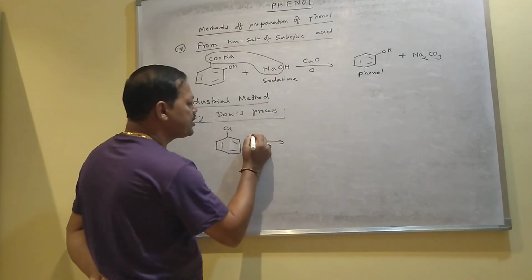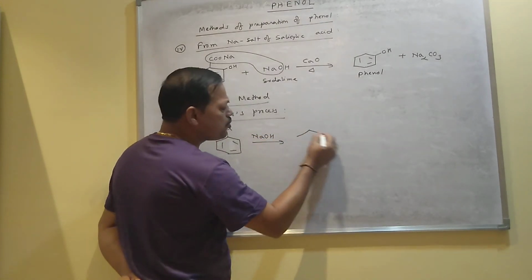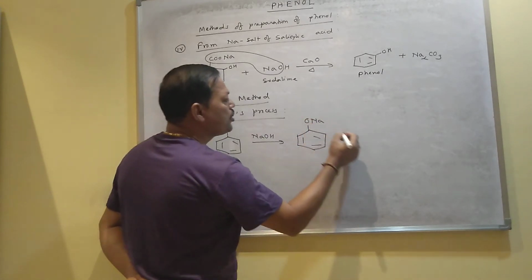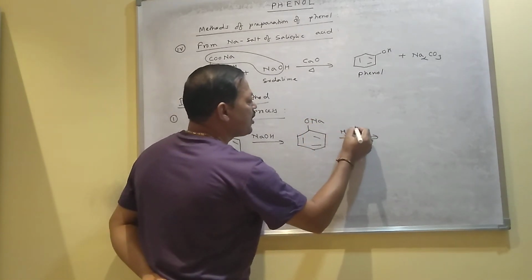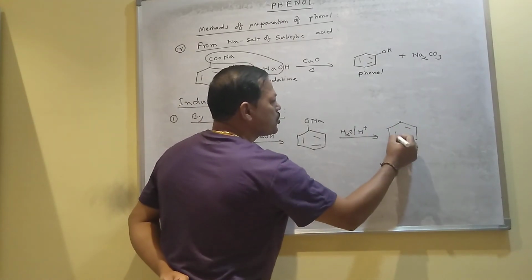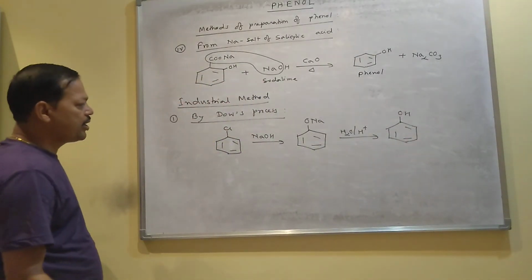When chlorobenzene is reacted with sodium hydroxide, it produces a salt, sodium phenoxide, ONa. After that, when you do hydrolysis, you will get phenol. So this is the method to prepare phenol industrially.